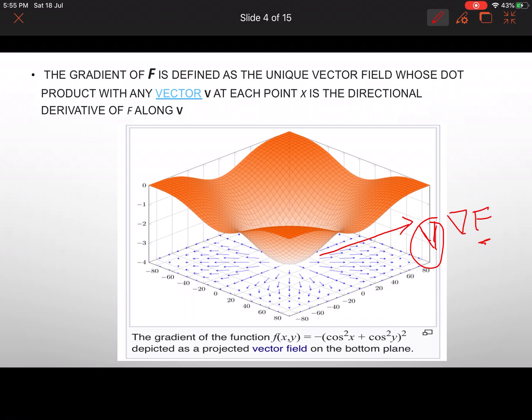If you take the dot product of the same del f along a bar, say for example a is another vector whose direction is this, if you take the dot product between del f and this a bar, then you will get the directional derivative of f along this a bar.